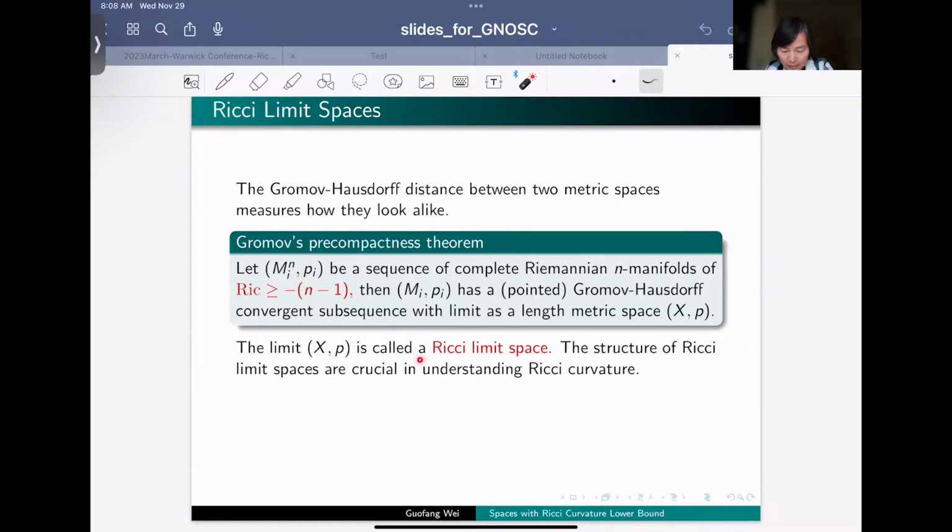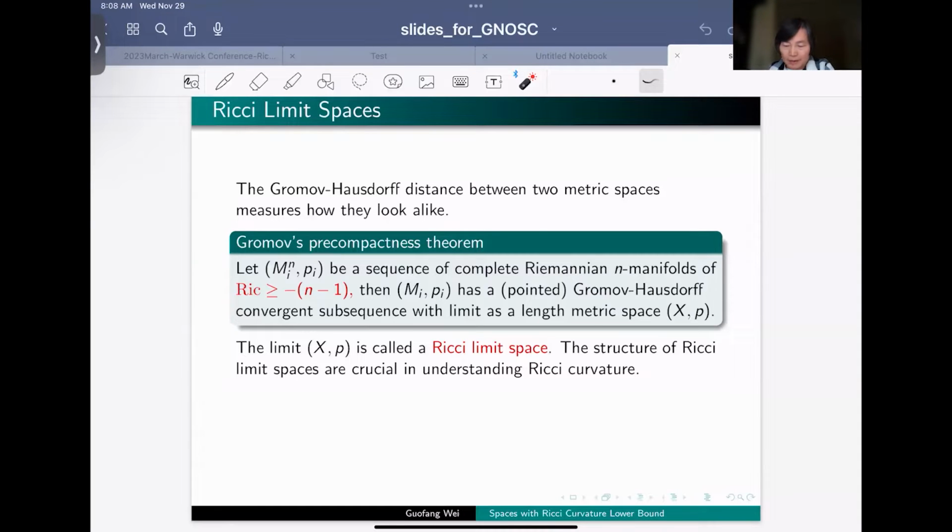Those limits we now refer to as Ricci limit spaces, because they come from spaces with a Ricci lower bound. So studying Ricci limit spaces is really very important to studying manifolds with Ricci curvature lower bound. They really go together in this case.